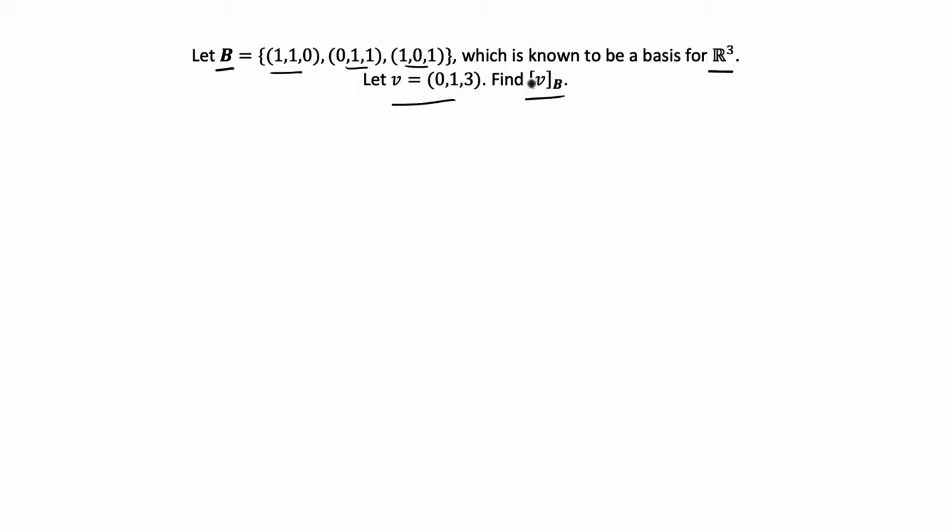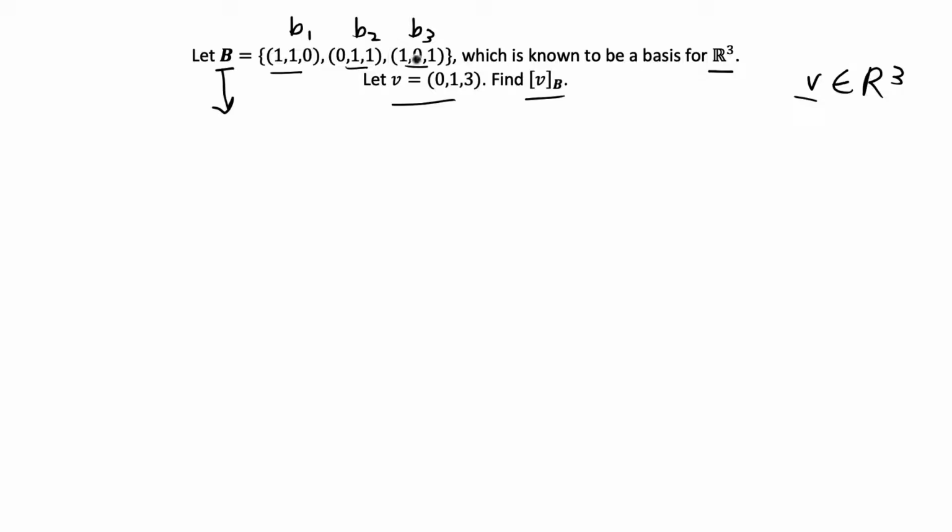By definition, a basis is just a set of vectors, and for any vector in a vector space, so in this case any v in R3, there is a unique linear combination of the basis vectors that equals v. So that's the definition of basis. If we have 3 basis vectors that form our basis, I'm going to label those b1, b2, b3.